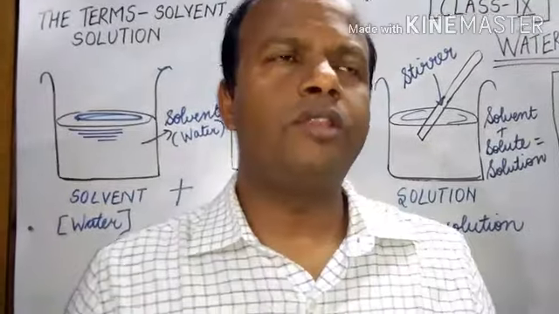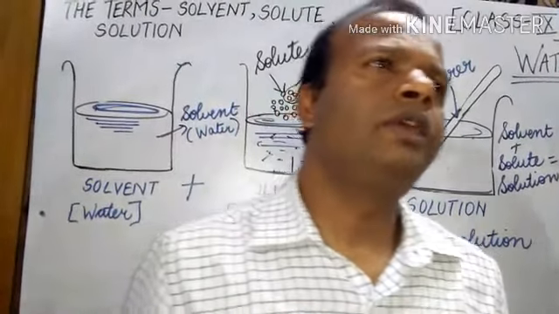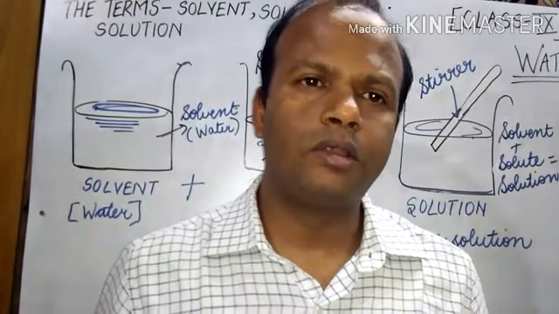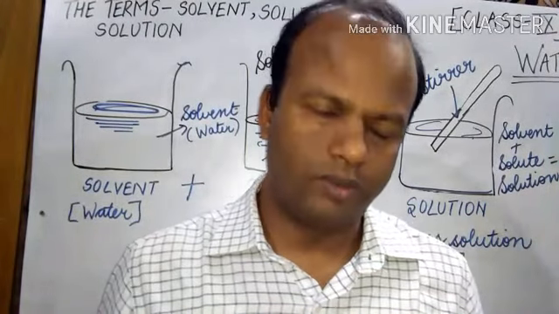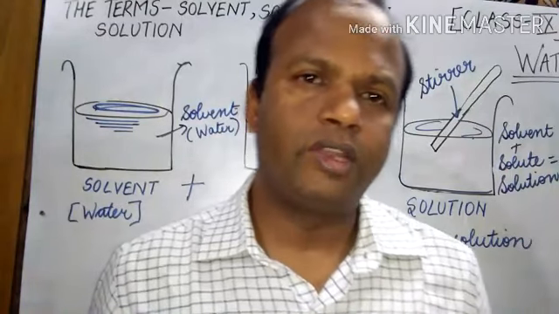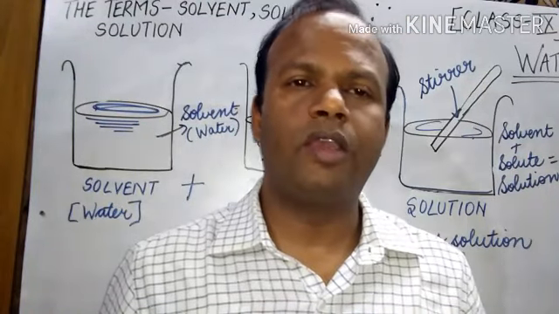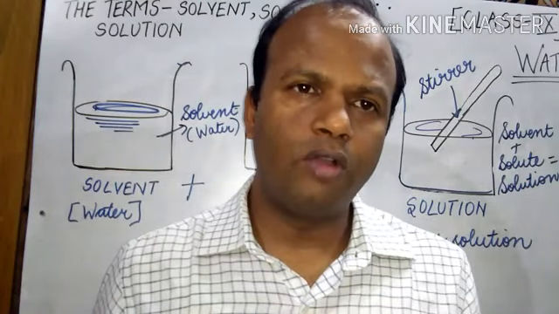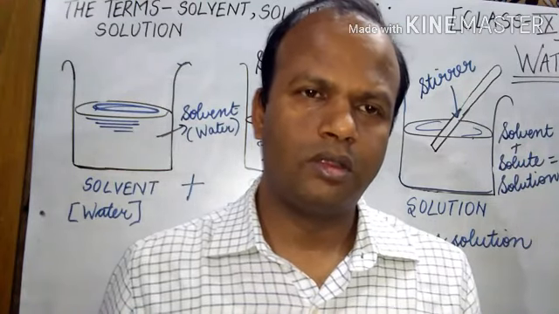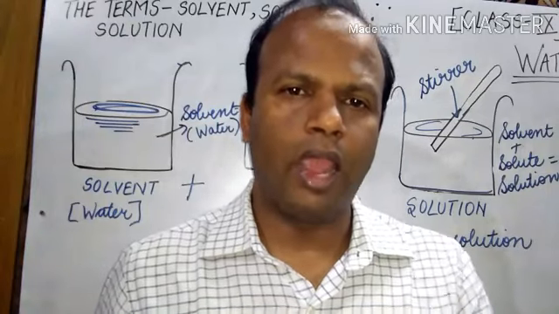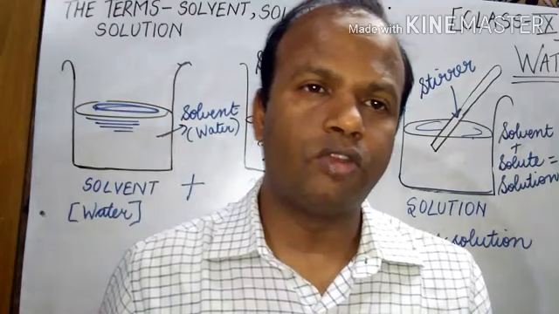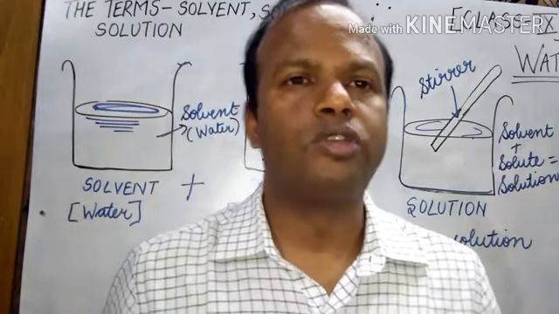So for solute and solvent, first of all let us recall that property of dissolution. Now we have studied about dissolution. If you remember, we have studied in 8th class. What is dissolution? The mixing of any solid substance or solid particle in any liquid medium, and complete mixing and complete dissolving is known as dissolution.